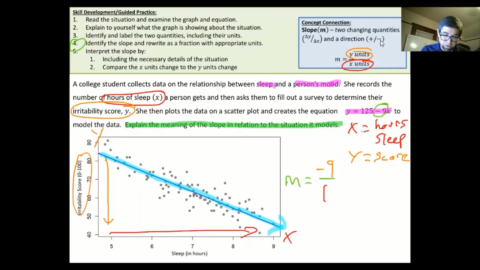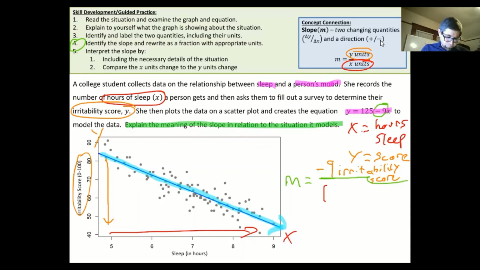I don't think it's going to be any better though. Wish me luck. I forgot how to spell irritability. Got it. Irritability score. I don't know if that is any better, but that is just what we have to work with.